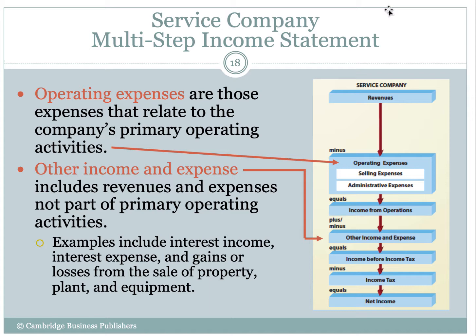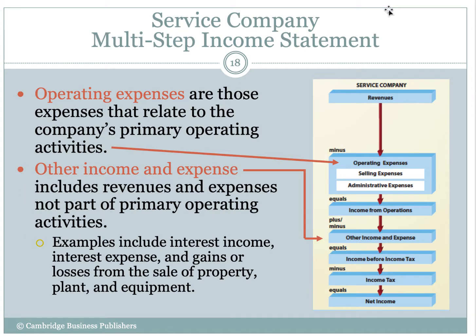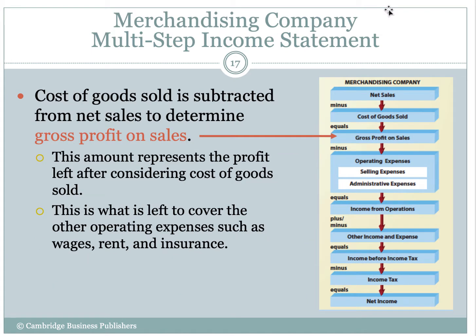Our core business is not buying and selling property. Our core business is selling merchandise. We just so happened to close a store and sold the building, or had equipment in a store that we sold, and we have a gain or loss on that. Okay. So that in a nutshell is the multi-step income statement.